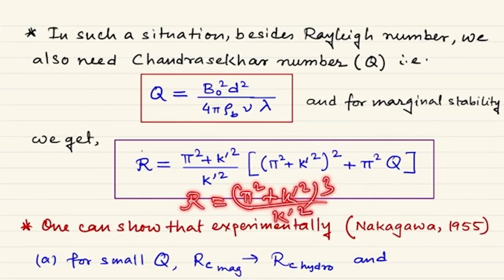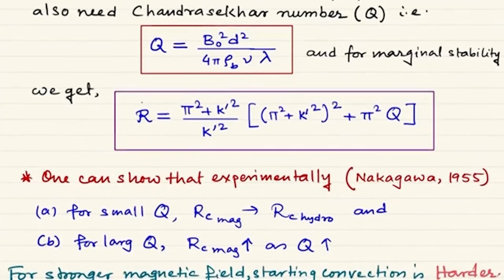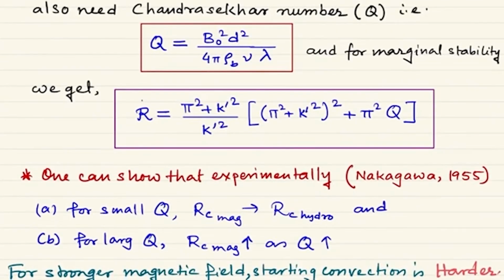Now can you remember something? I hope you can. And then one can show experimentally, actually this was Nakagawa, who in 1955 experimentally found that for small Chandrasekhar number, the critical Rayleigh number for the magnetoconvection tends towards the critical Rayleigh number for the hydrodynamic case. The critical Rayleigh number is the minimum value of the marginal Rayleigh numbers.